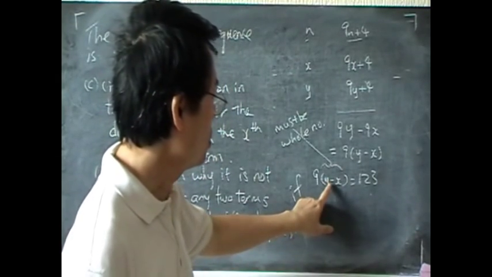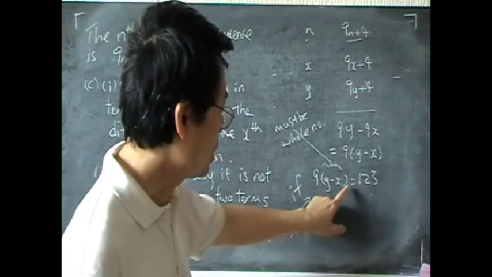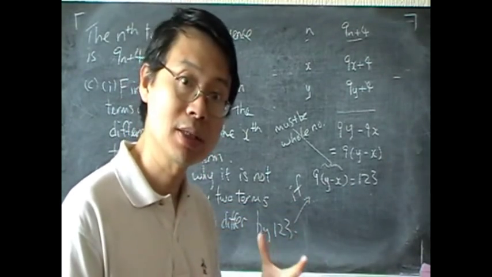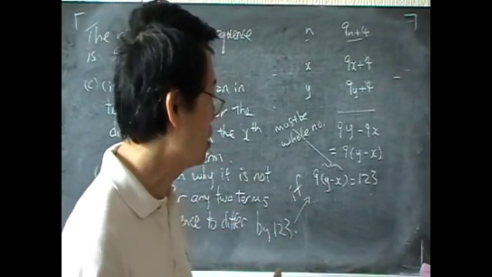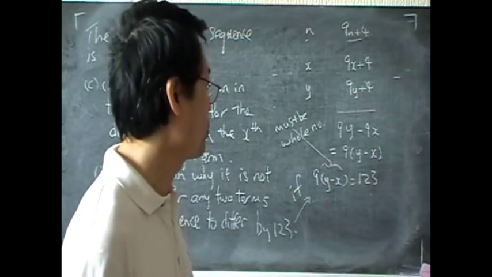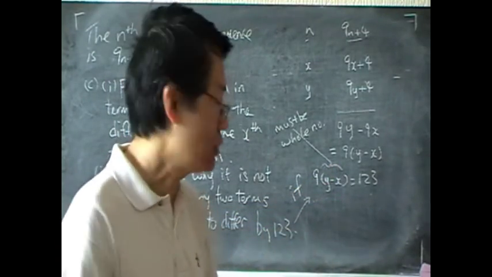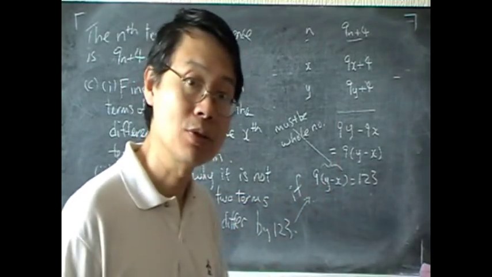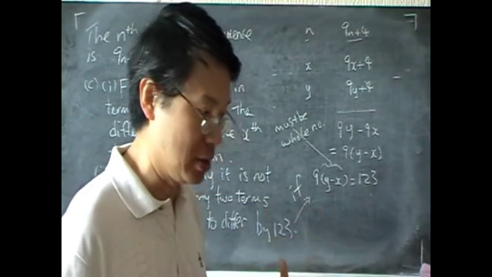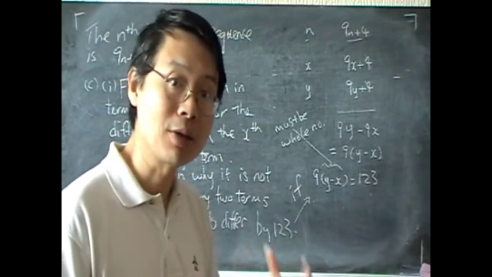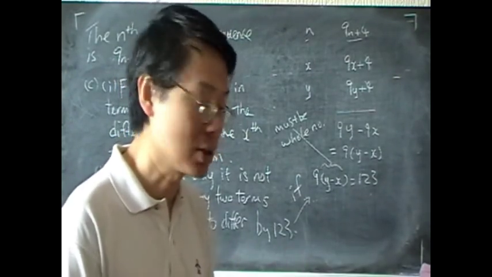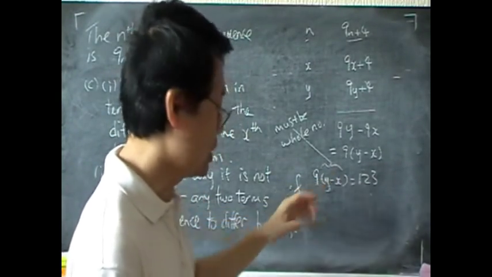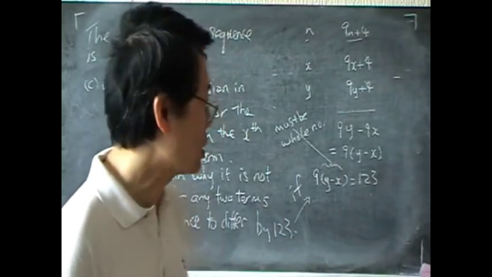And if you think of y minus x as a single unknown, remember, we can do that for everything inside a bracket. You can imagine that everything in that bracket can be calculated and gives you a single answer. So we can think of the whole bracket as a single number or a single unknown.